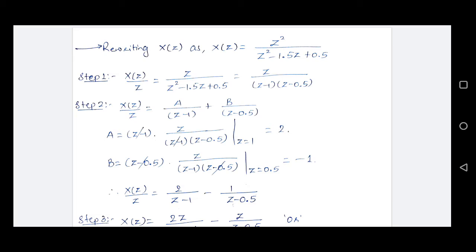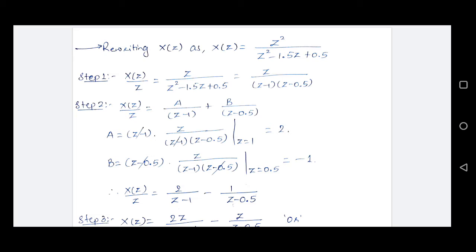By the first step of partial fraction form, we'll express X(z) as X(z) divided by z, so one of the z from the numerator is sent to the other side. We get X(z)/z equals z divided by (z^2 minus 1.5 z plus 0.5). Now we'll factorize the denominator, which gives z divided by (z minus 1), which is one root, and (z minus 0.5), which is the second root.